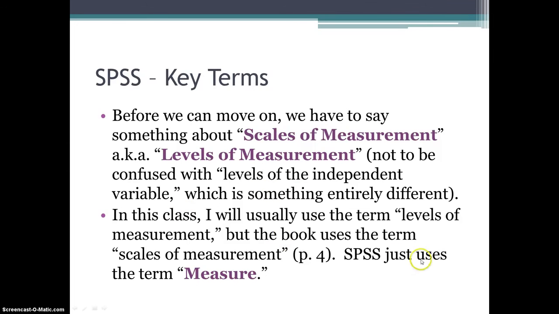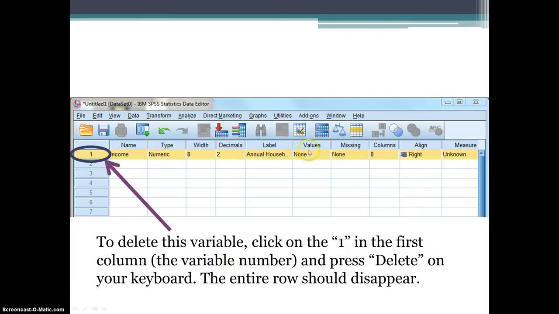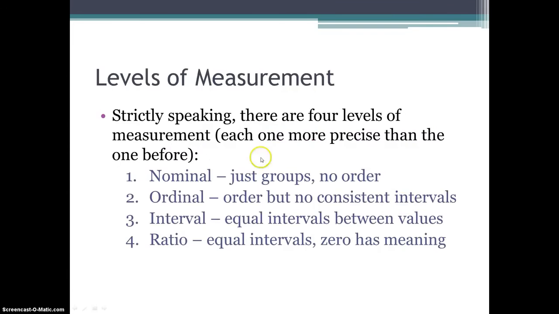SPSS just uses the term measure. Right here where it says measure unknown, you have to set it to something. That's what it's talking about, level of measurement or scale of measurement. There are technically 4 different levels of measurement. Each one is more precise than the one that comes before it. Nominal has very little information.